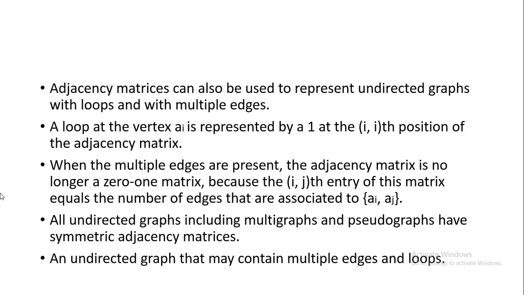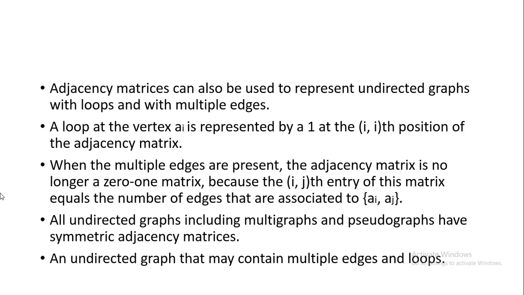When multiple edges are present, at that time the adjacency matrix is no longer a 0-1 matrix. See here carefully. When multiple edges are present, the adjacency matrix is no longer a 0-1 matrix. Why is it so?